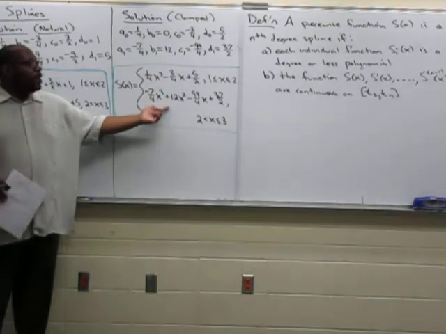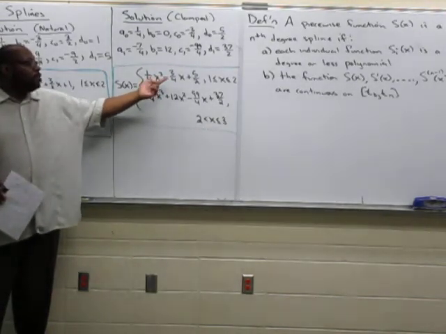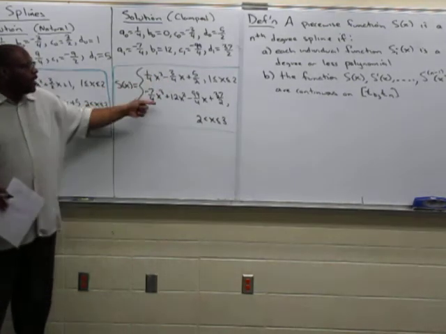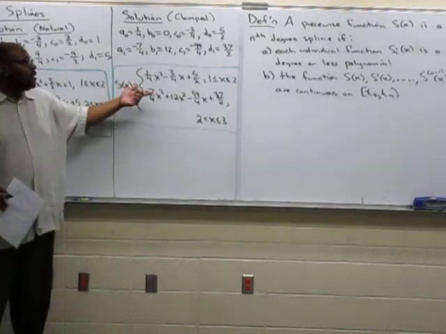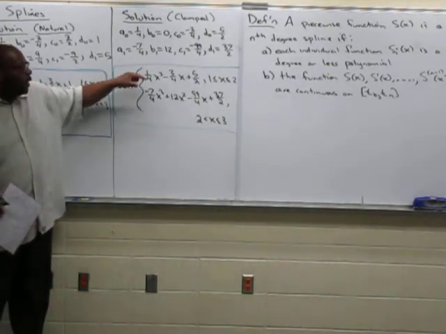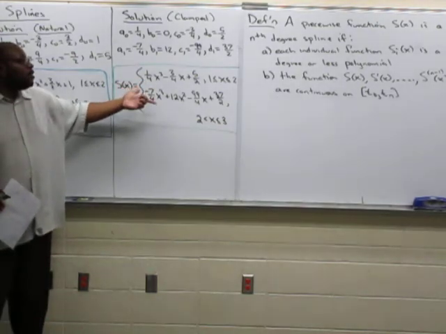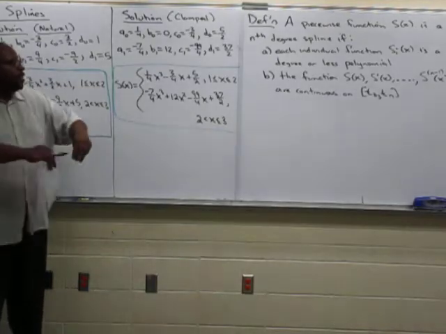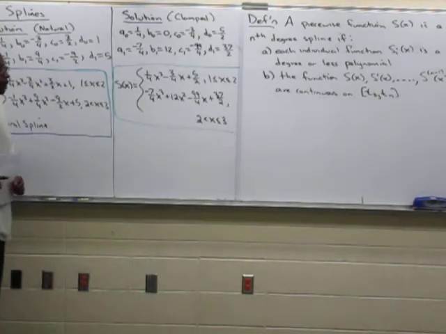And then my function S has to be continuous, so these guys have to meet. The derivative has to be continuous, so that these guys meet. The first derivative meets at 2, and my second derivative is continuous, so the second derivative also meets at 2. So it's a continuous function overall.